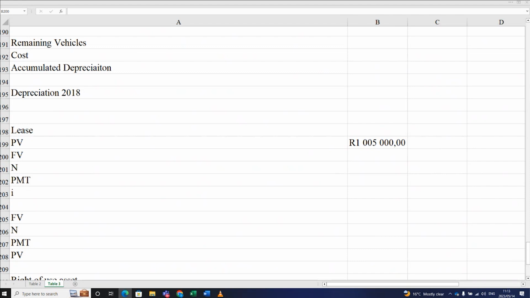The residual value will be an estimate, and the lessor will not be certain what the market value of the asset will be at the end of the lease term. However, at the commencement date of the lease, the lessee and the lessor could have a contractual agreement where they agree on a residual value guarantee amount of the underlying asset at the end of the lease term.